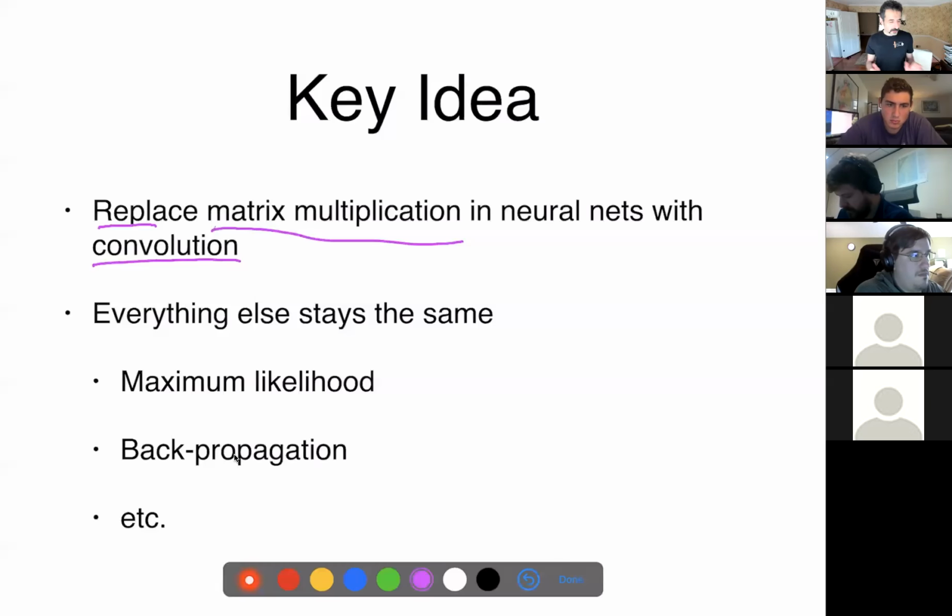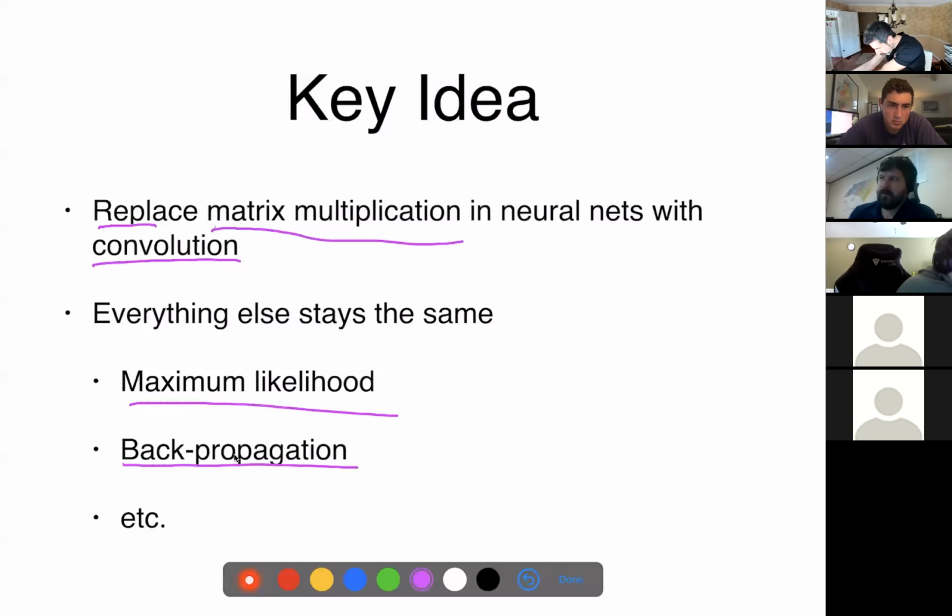So no changes to the way we train the network, right? We only introduce this new operation. If we used to do training with maximum likelihood, you can do that. If you used to do training with backprop, you can still do the same. The exact same thing that we used to do with fully connected neural networks, you can still do with convolutional neural networks.